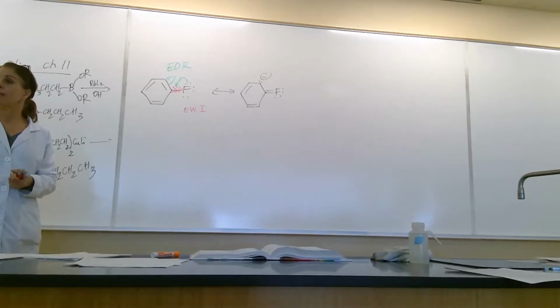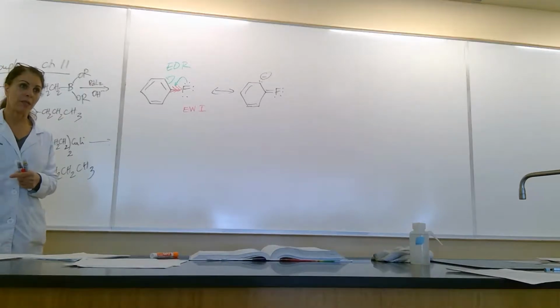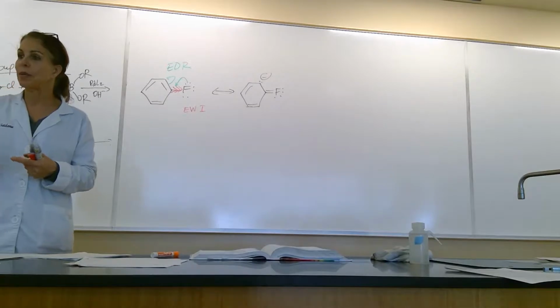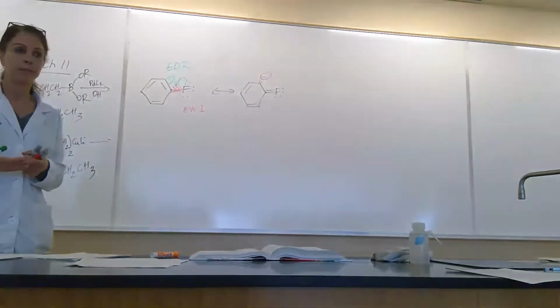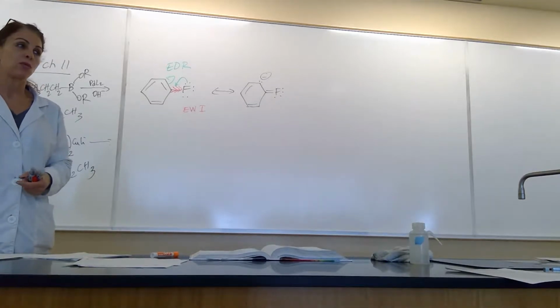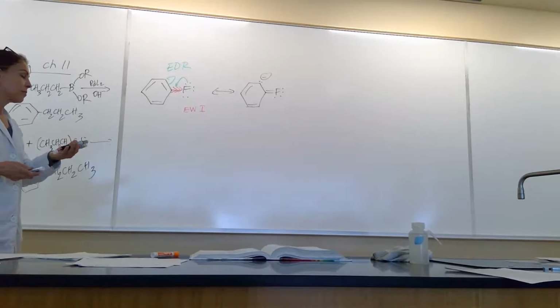But because it does the resonance effect, it opens up the ortho and para. You understand? Because it can give electrons. That's the reason it will be ortho-para directing. Okay? So it does both. It does withdraw and donate.